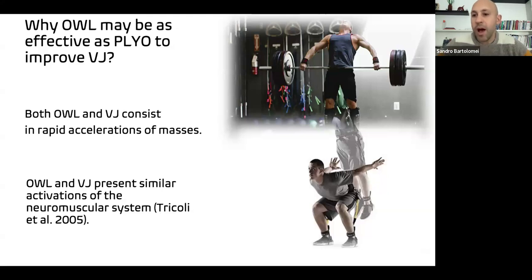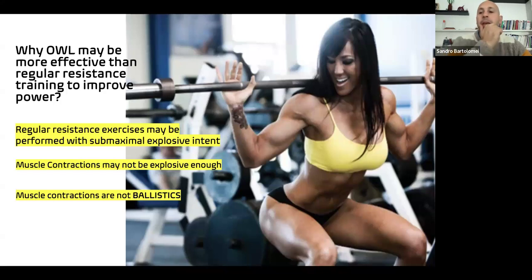So that's the reason why there is a big effect of Olympic weightlifting exercises on jumps. Okay, so regular resistance exercise may be performed with submaximal explosive intent, while Olympic weightlifting exercises include a very high expression of power. Okay.